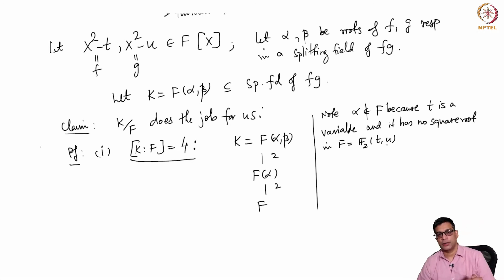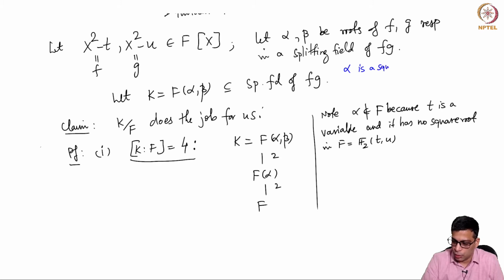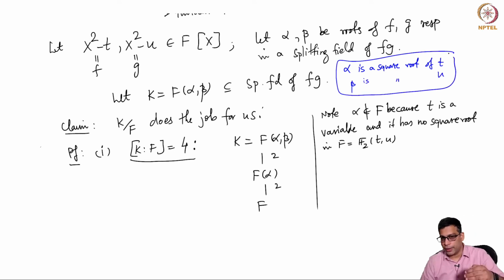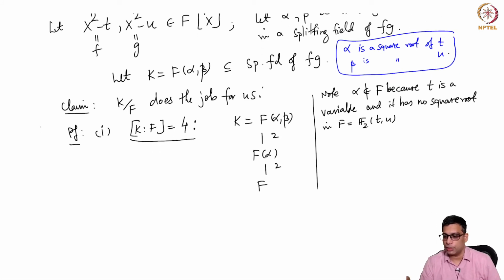This is a statement we mentioned before. You cannot find a ratio of two polynomials whose square is t, for degree considerations. Alpha is a square root, loosely speaking, of t, beta is a square root of u. So they don't exist in capital F. F itself doesn't contain square roots of t or u. So alpha is not in F.